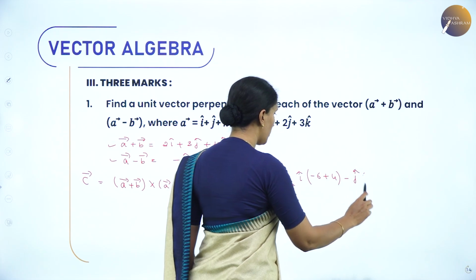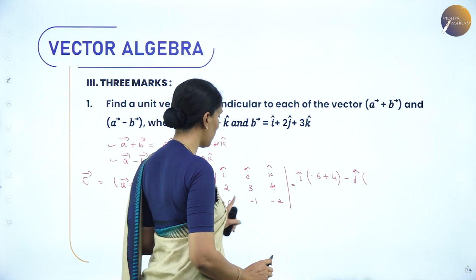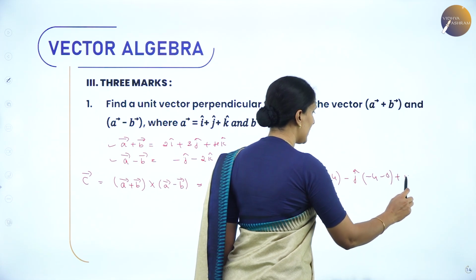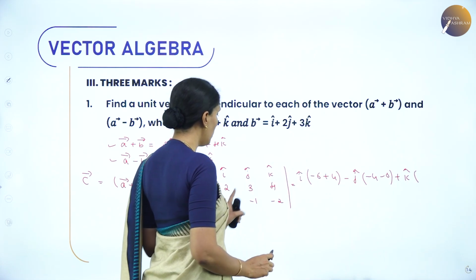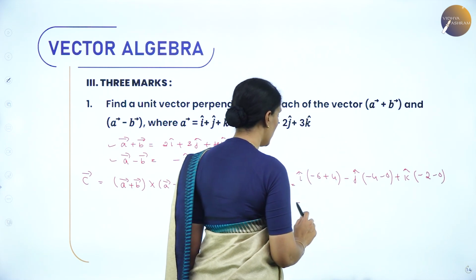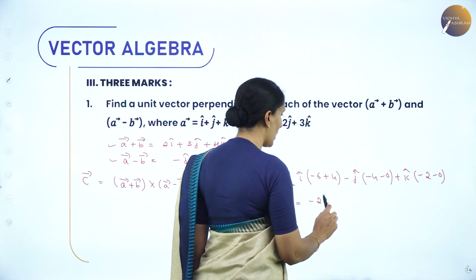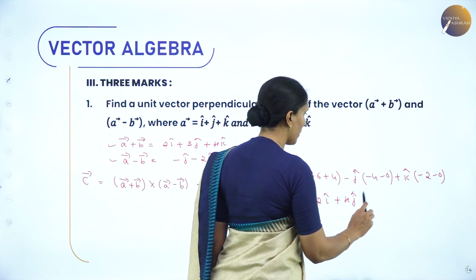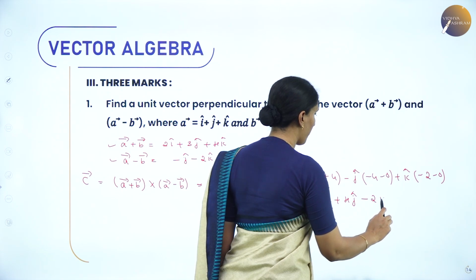Minus j into minus 4 minus 0. Plus k into minus 2 minus 0. So here I will get minus 2i, minus into minus plus 4j and minus 2k.